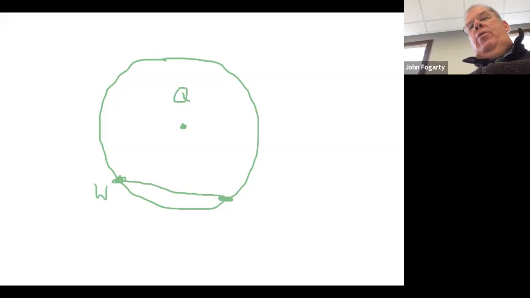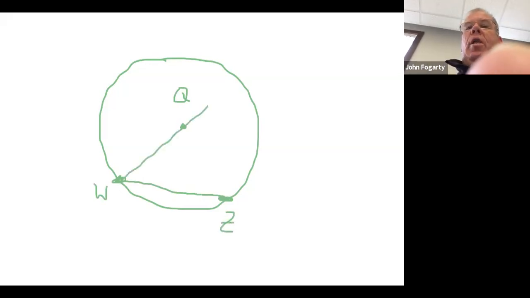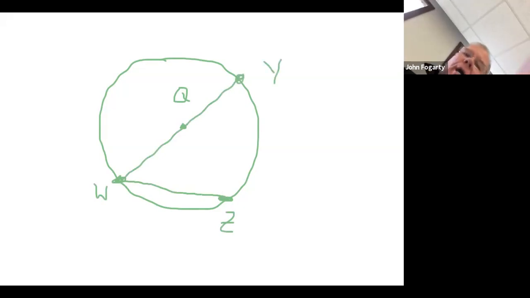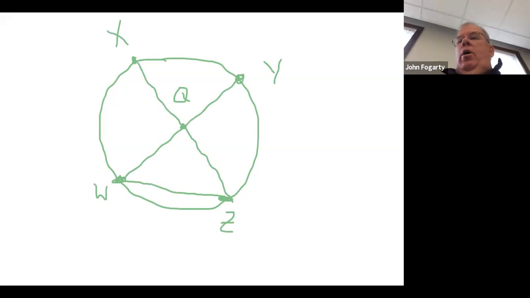We're going to call that WZ. Then I'm going to draw this line and call this Y, and draw this line and call this X. Do you all see that?